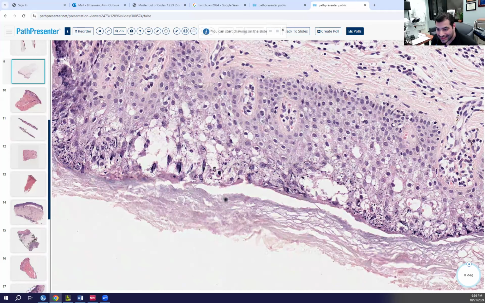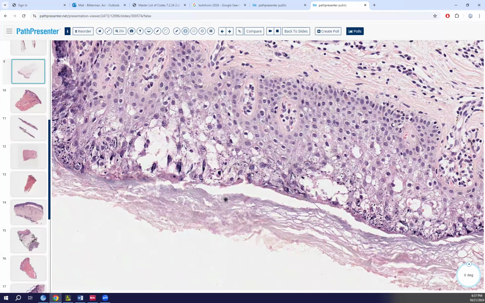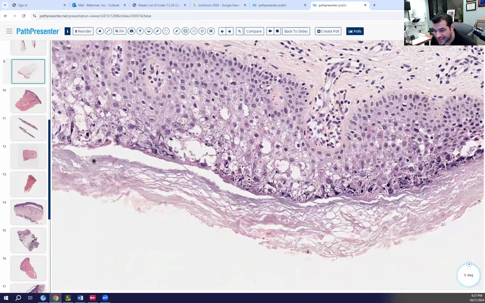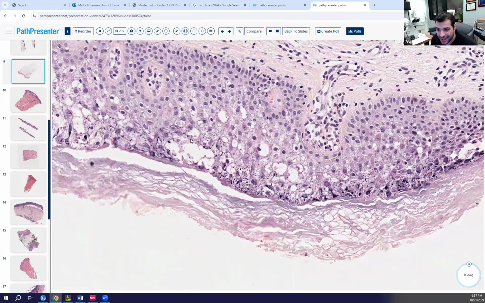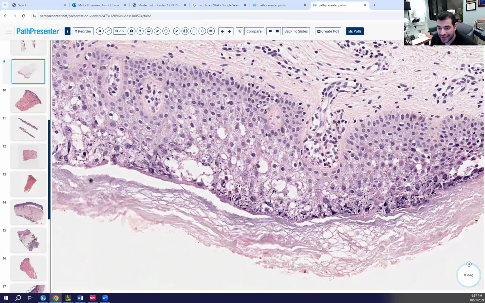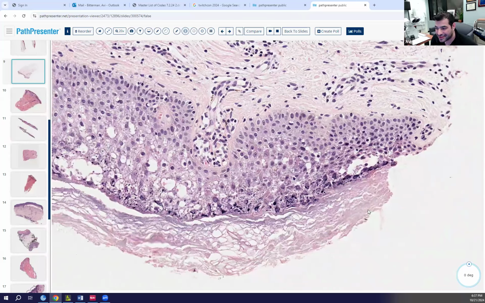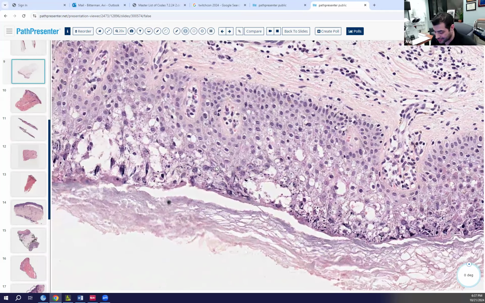What are these little condensed things, these little dots? Are those keratohyalin granules? Well, some of them are throughout over here, and some of them are going a little too far down for them to be just normal keratohyalin granules.